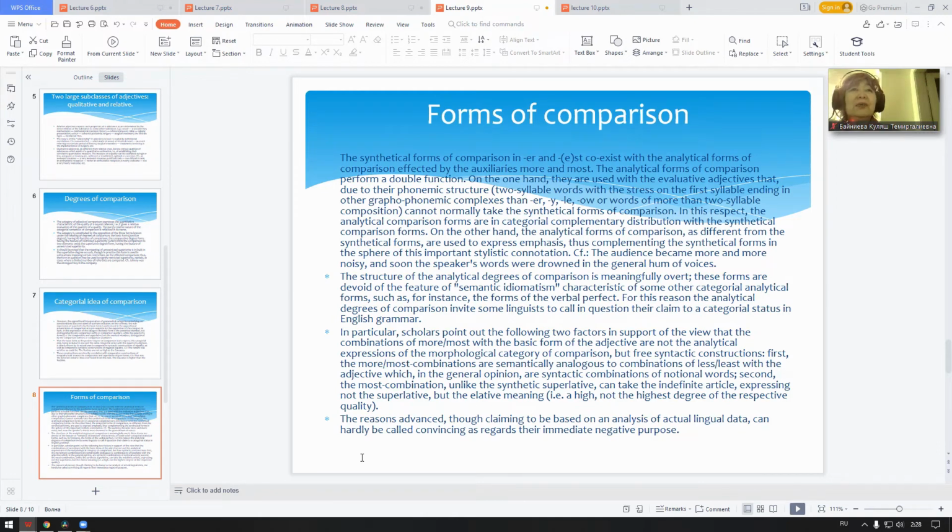The structure of the analytical degrees of comparison is a combination of a function word and a notional word. These forms are devoid of the feature of semantic idiomatism, characteristic of some other categorical analytical forms, such as, for instance, the forms of the verbal perfect.